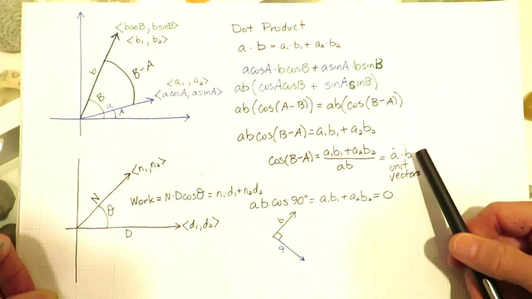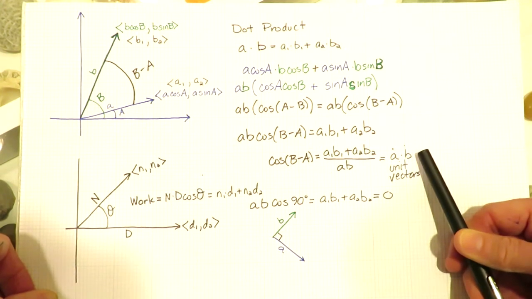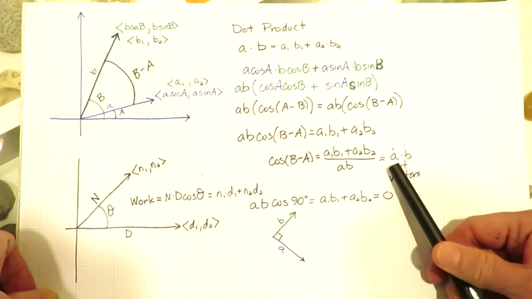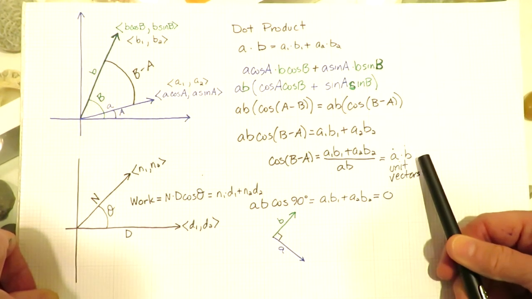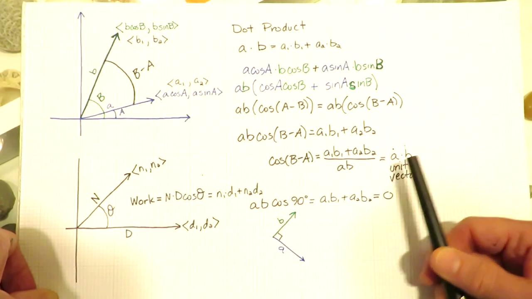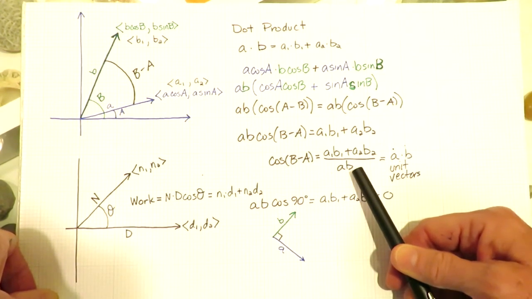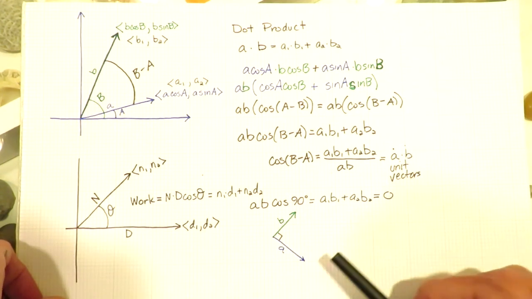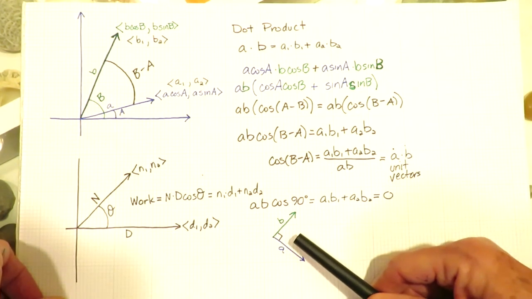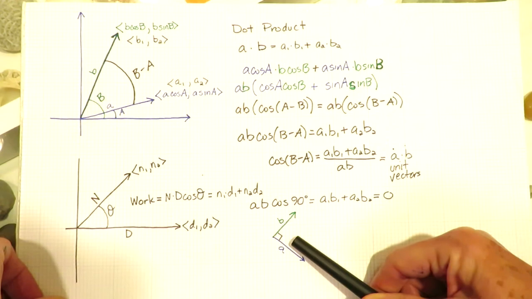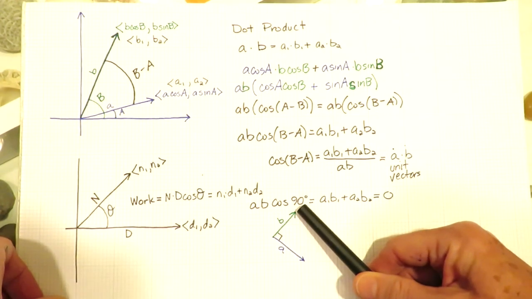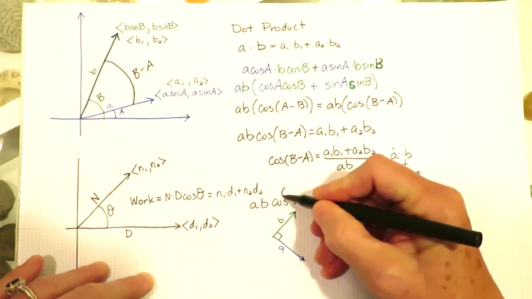And by the way, that's equivalent to the dot product of the unit vectors. Because remember, a unit vector is basically a vector divided by its length. And so if you dotted the two unit vectors, it would be equivalent to the calculation we have here. And by the way, if your angle in between your two vectors happens to be 90 degrees, cosine of 90 degrees is 0.